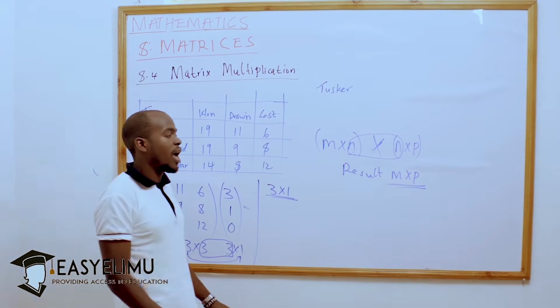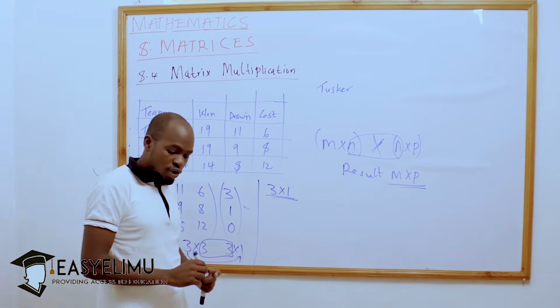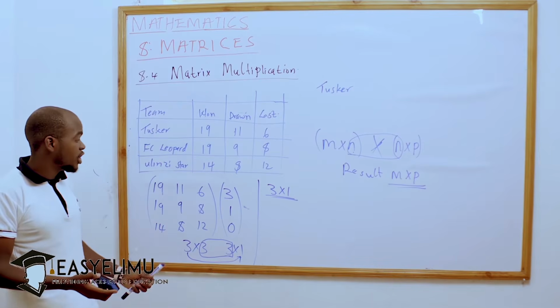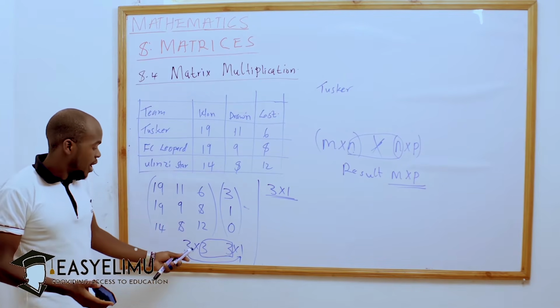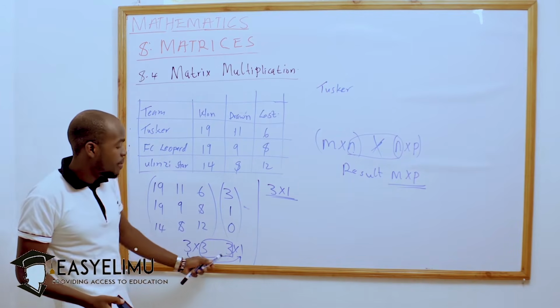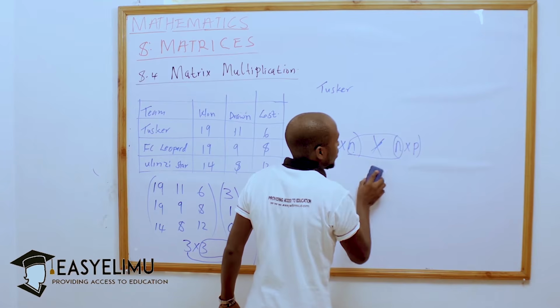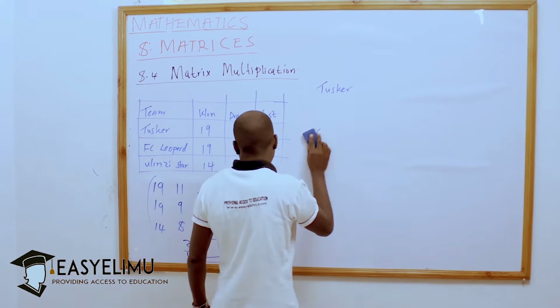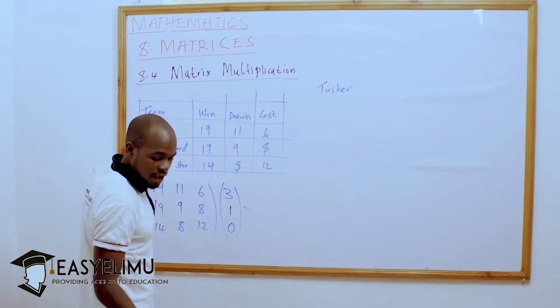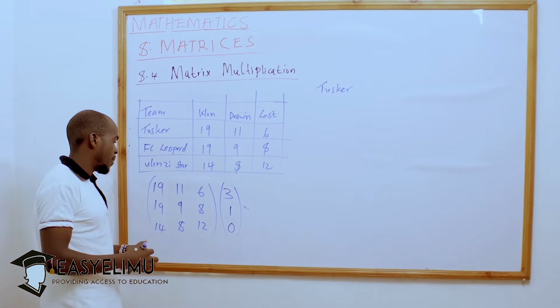So for our case, the result will be a 3 by 1 matrix. So let's see what we shall find out. We have seen they are compatible, so we can multiply.